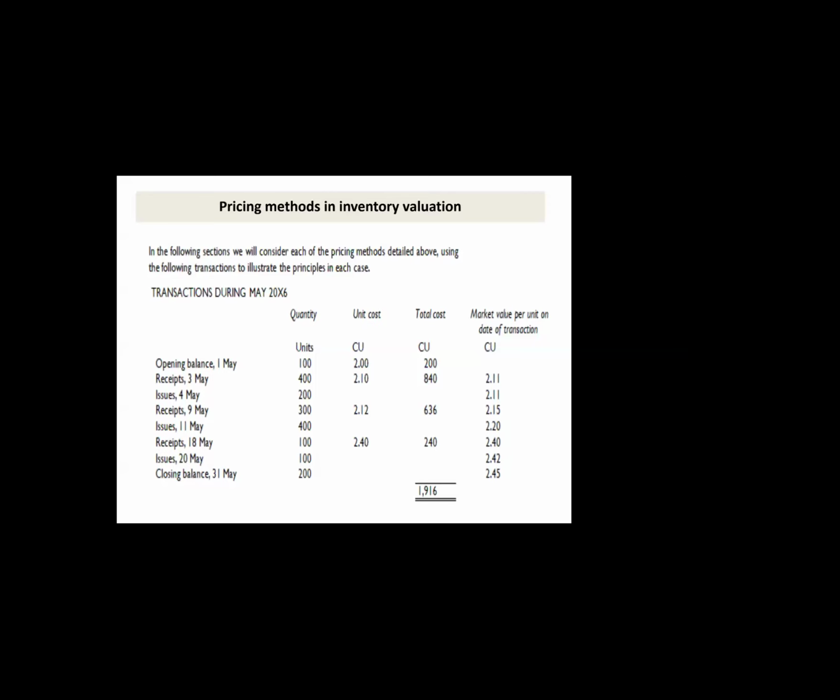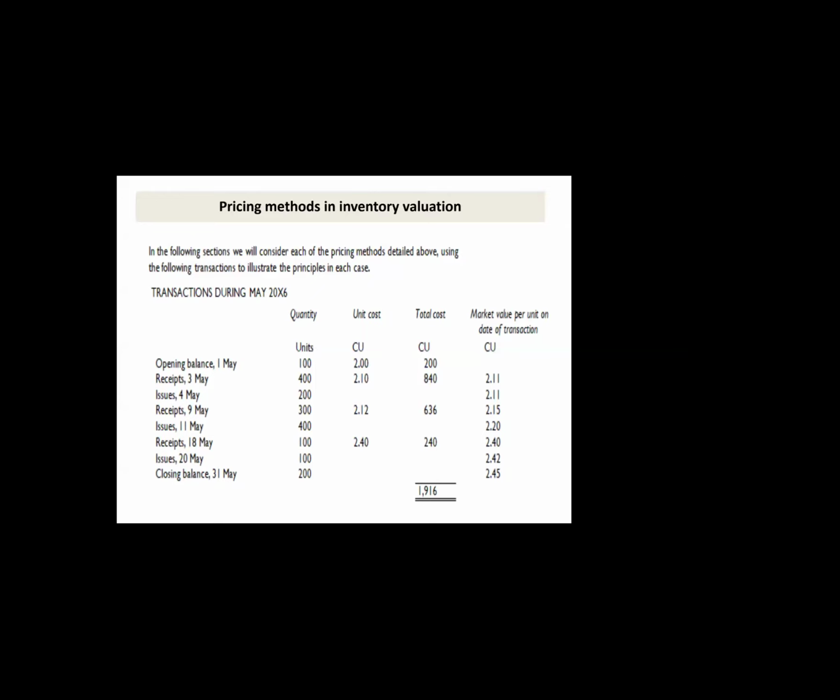Then on 18 May, we received 100 at the rate of 2.40. So on 18 May, our inventory status would be 100 at 2.12 and 100 at 2.40. Excellent. Then on May 20, we issued 100 units at the rate of 2.12.